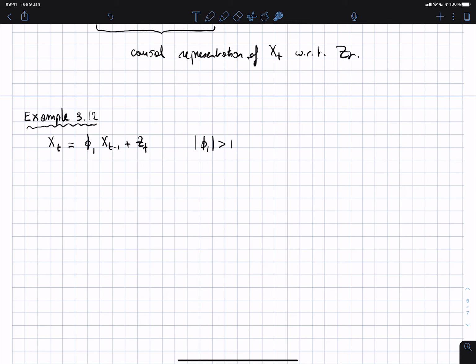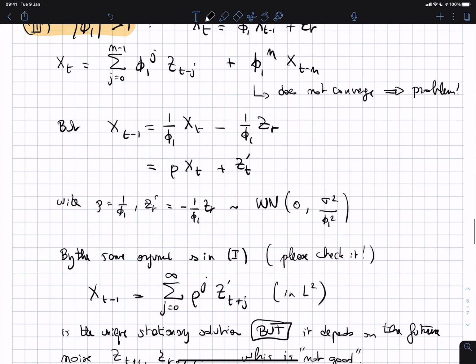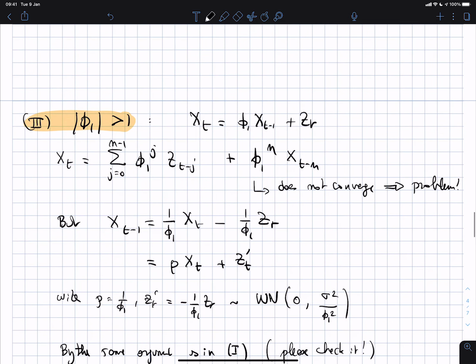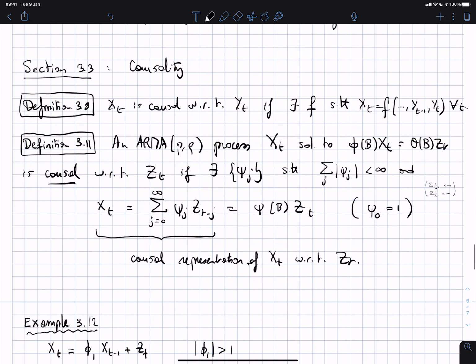So we know that there's a problem because of the fact that this coefficient is larger than 1, and we know that the only stationary solution is this guy. I think there's no minus sign though. No, there is no minus sign.